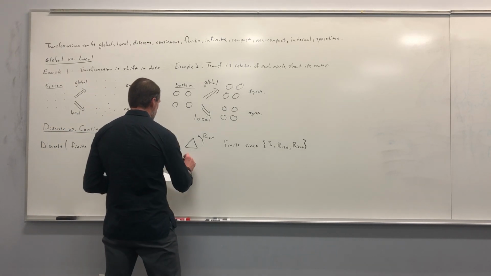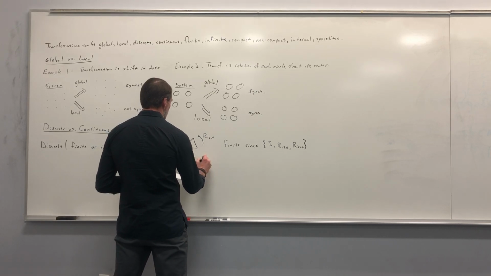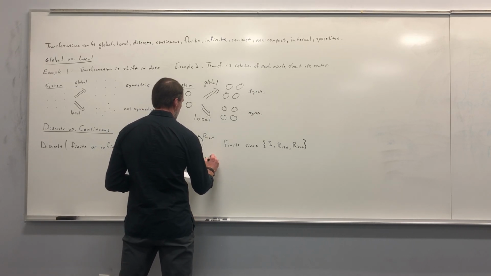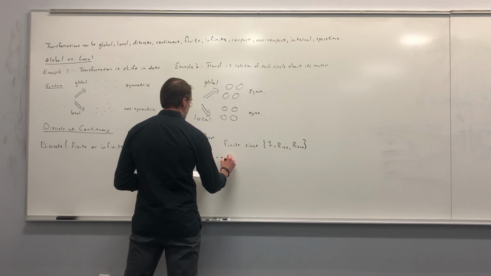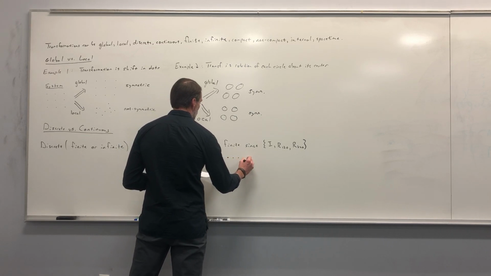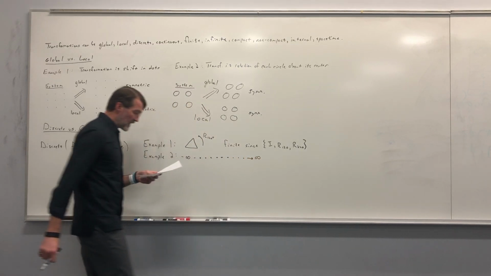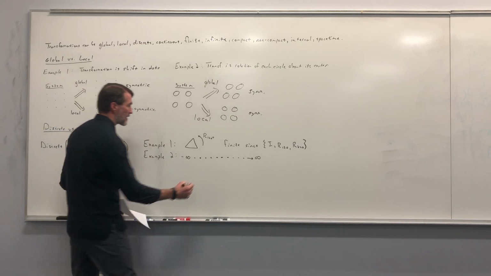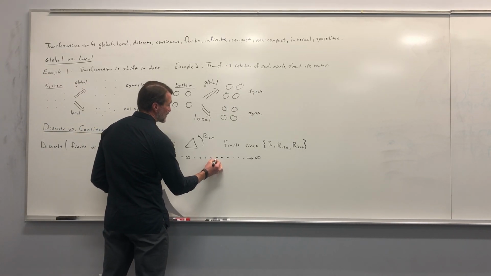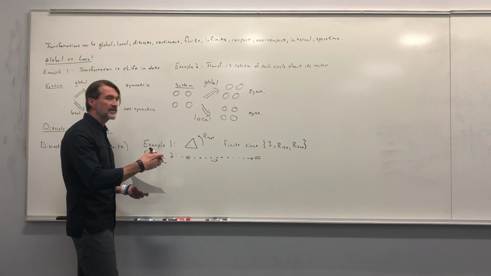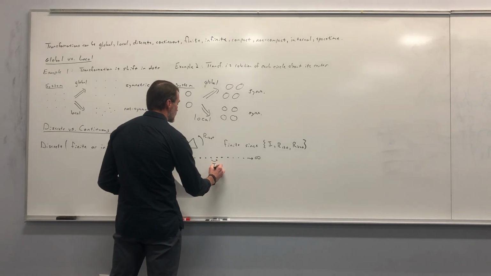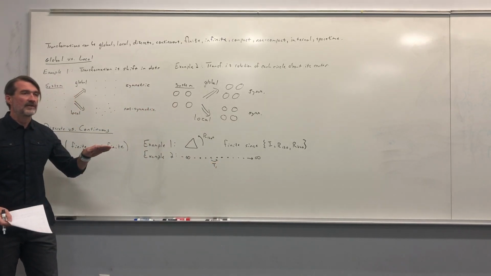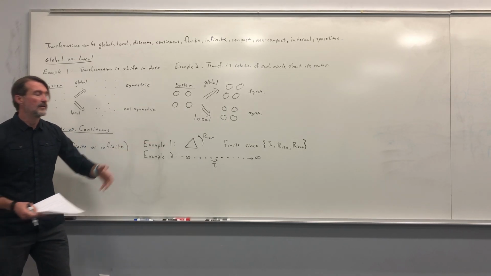However, we could instead consider a set of discretely spaced dots, which goes from minus infinity to infinity. And then we can consider transformations in the positions of the dots. So I might call this the T1 transformation, where I take all the dots and I shift them to the right by 1.